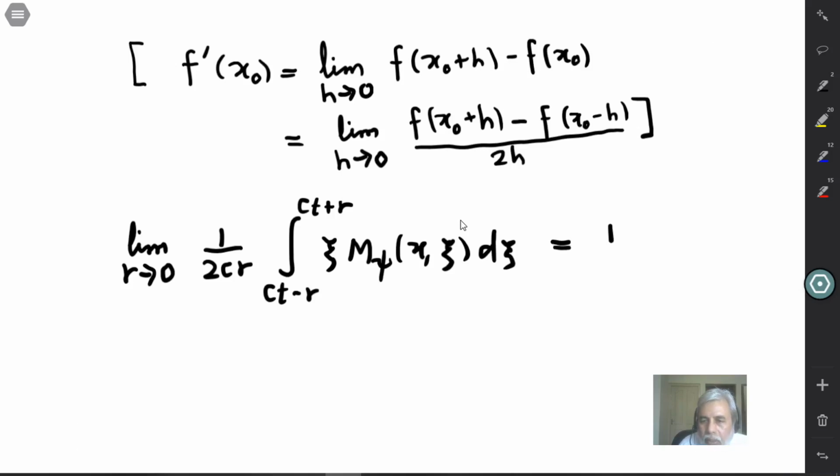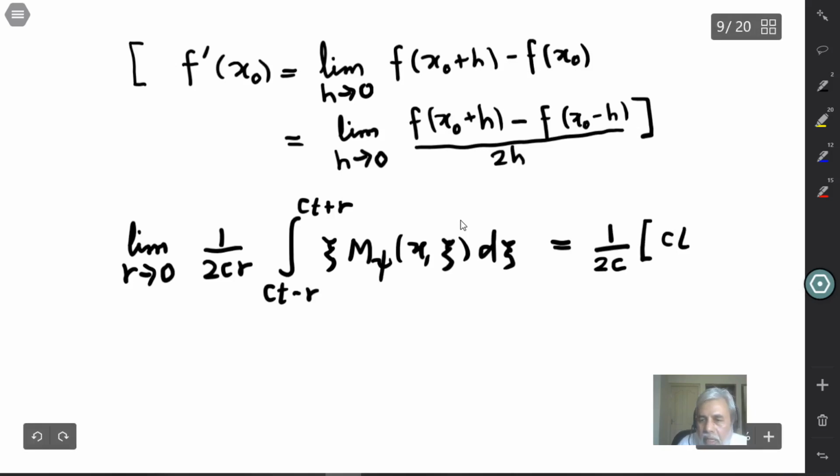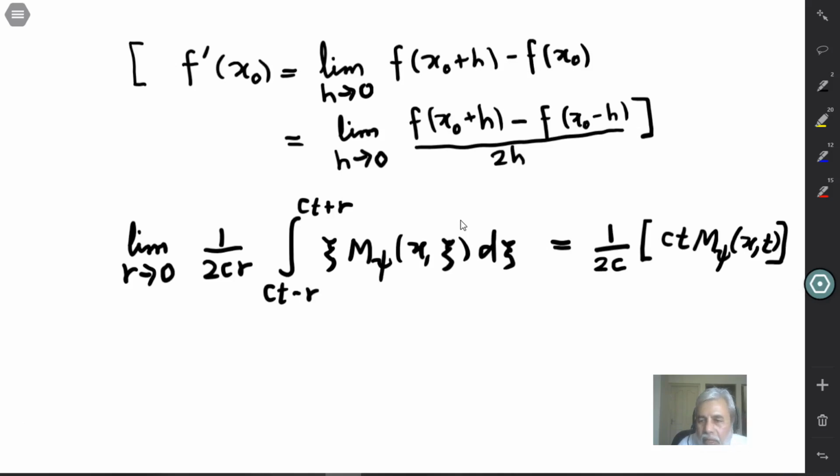1 by, there is a c there, let me write that c. Maybe there is a 2 there.